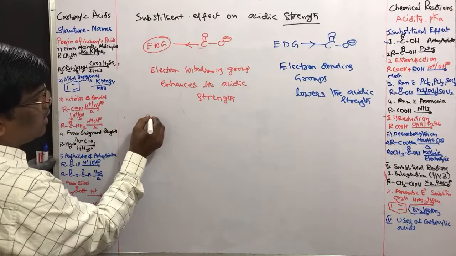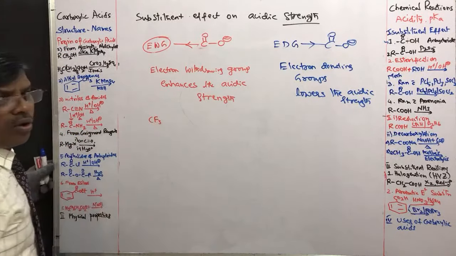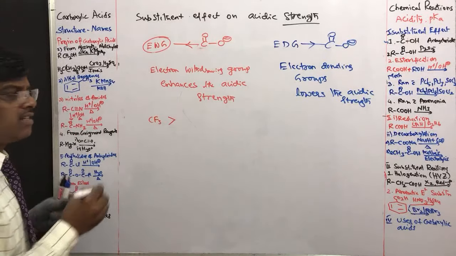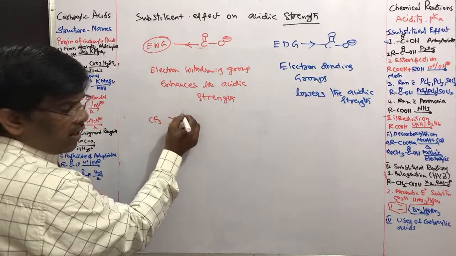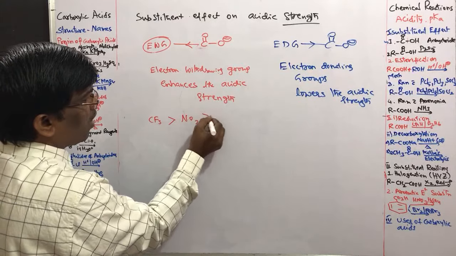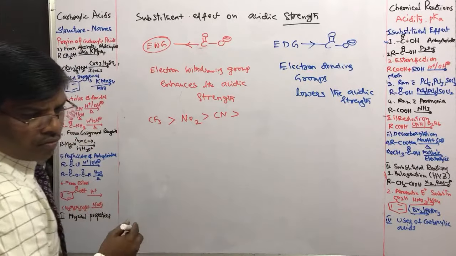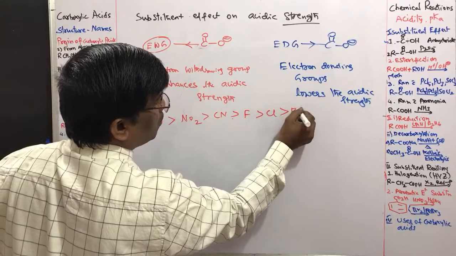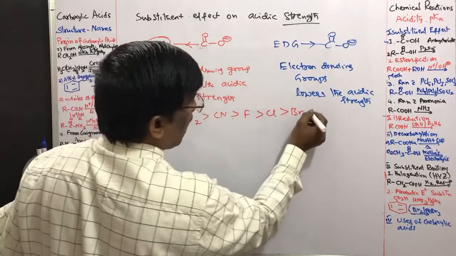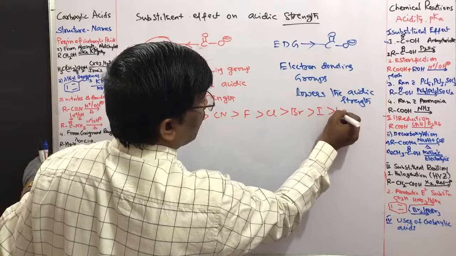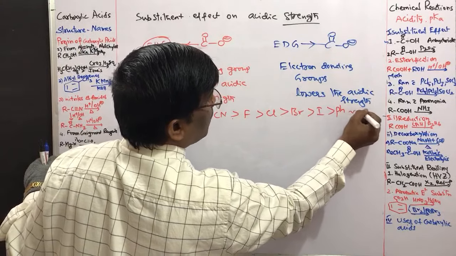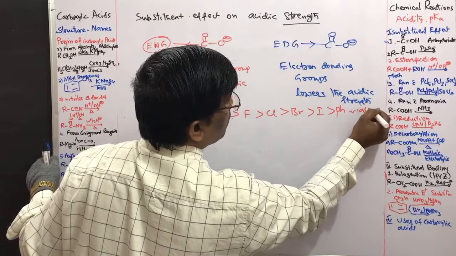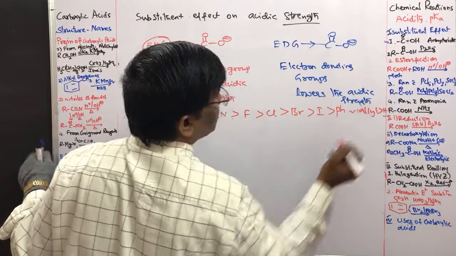If it is substituted with a trifluoromethyl group, it is going to be a strong acid, trifluoroacetic acid, followed by the nitro group, followed by the cyanide group, followed by fluorine, chlorine, bromine, iodine, and followed by phenyl or benzylic or allyl group or hydrogen.